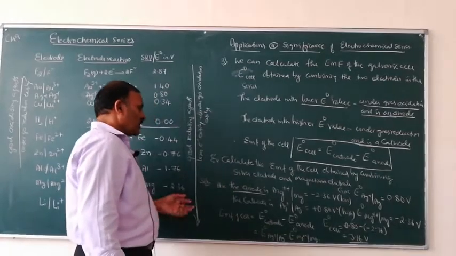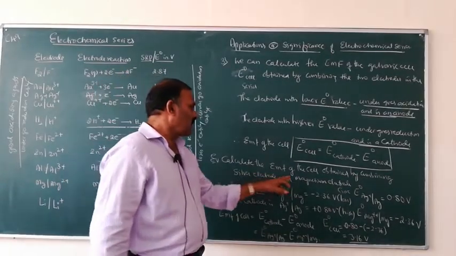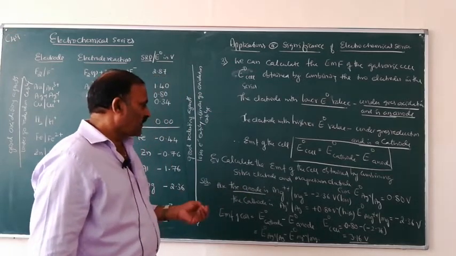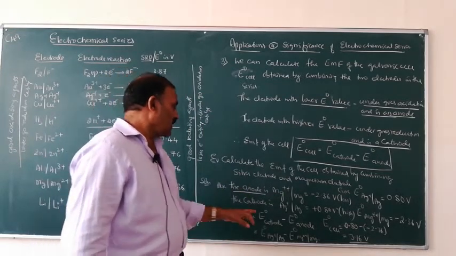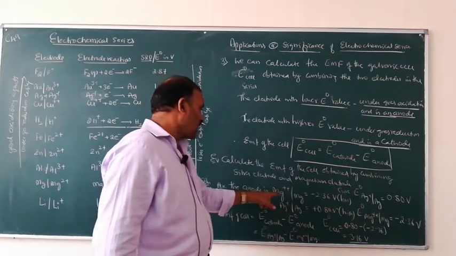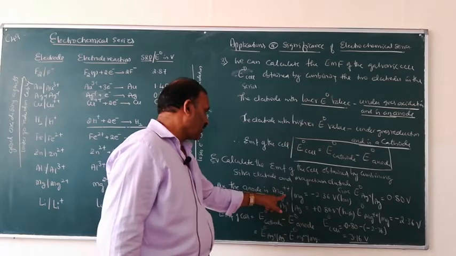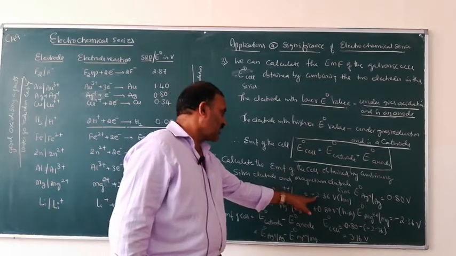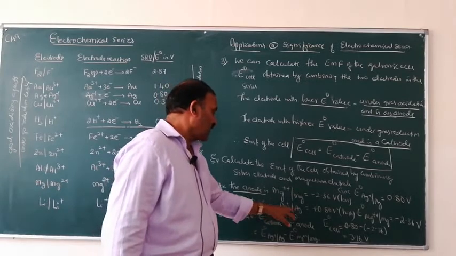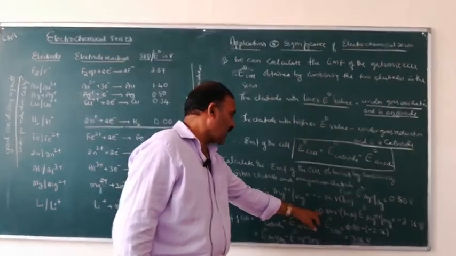So for example, if silver and magnesium electrodes are connected to get a galvanic cell, here anode is magnesium because its electrode potential is less. Cathode is silver because its electrode potential is high.